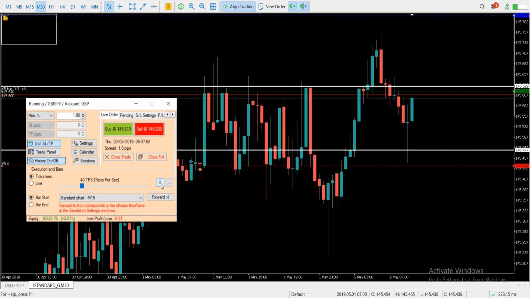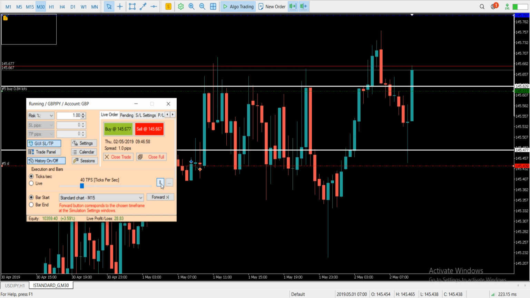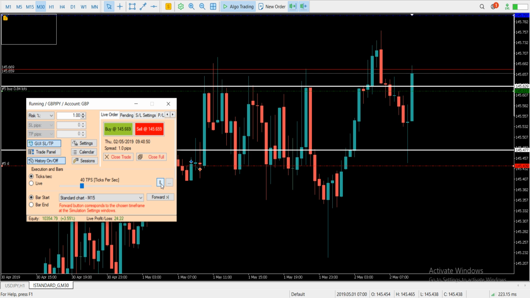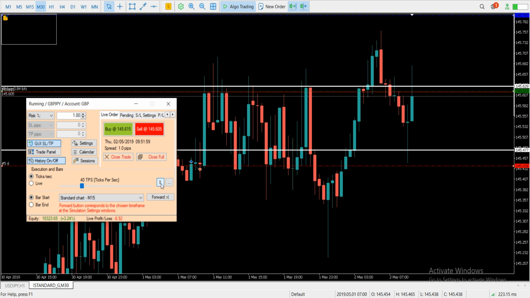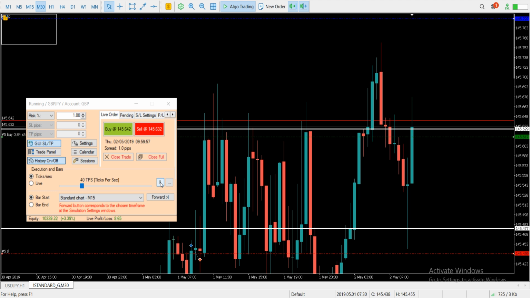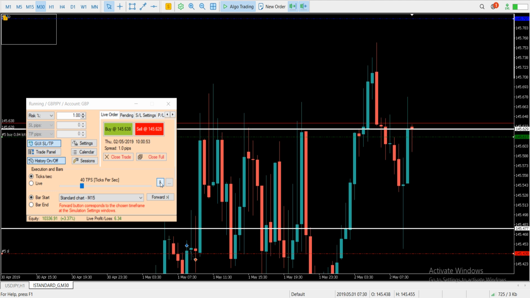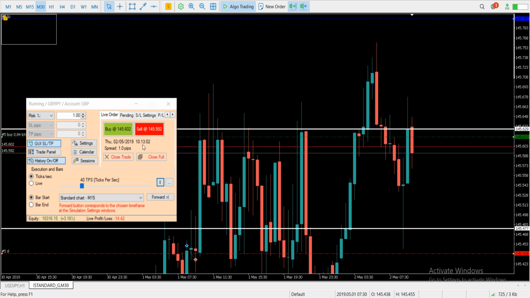Accept, and M15 candle is gonna close bearish.